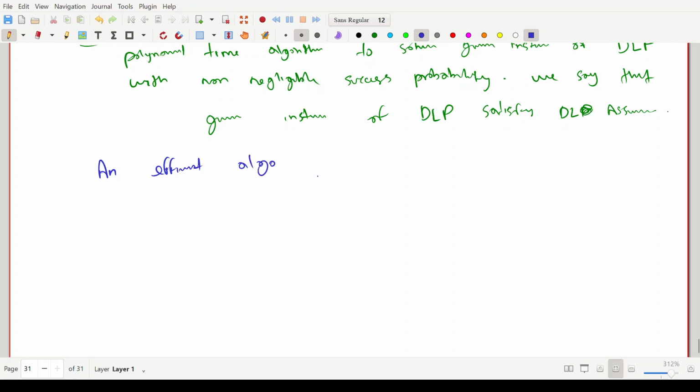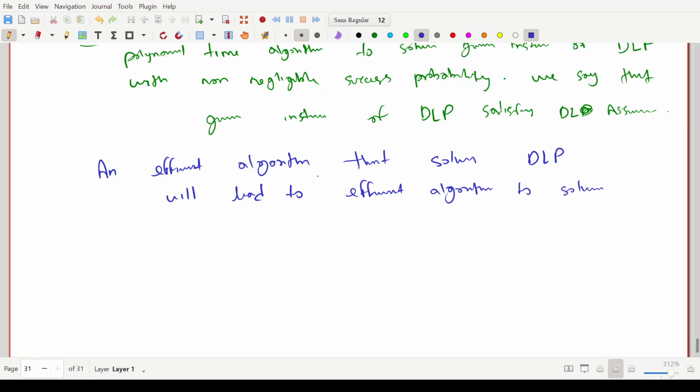So we can say that the CDH problem is weaker than DLP, or the CDH assumption is stronger than the DL assumption.